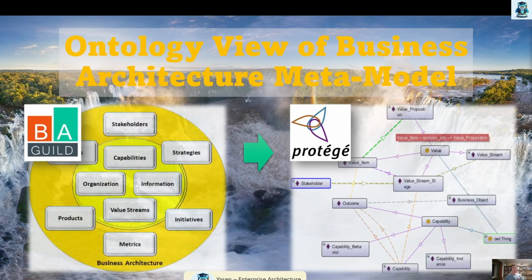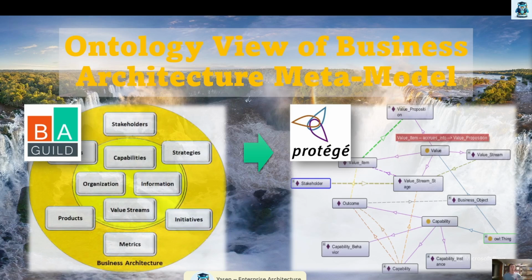The middle is 4 domains: capability, information, value stream, and organization. Surrounding are another 6 supporting domains. Those domains are quite useful and valuable if you are working in the business architecture field.